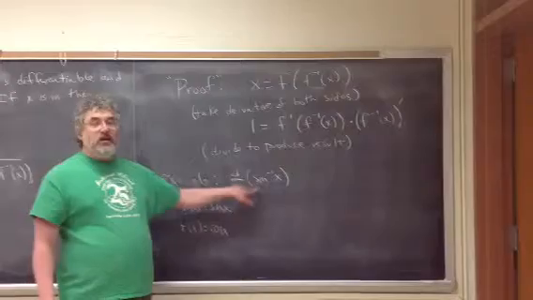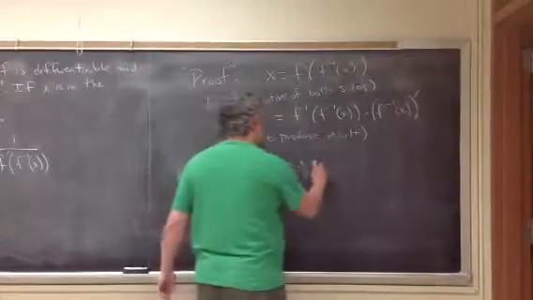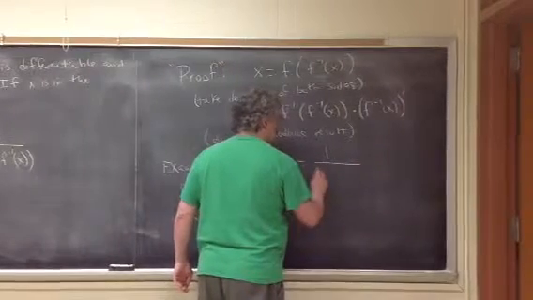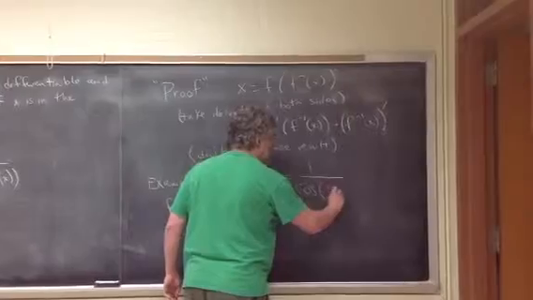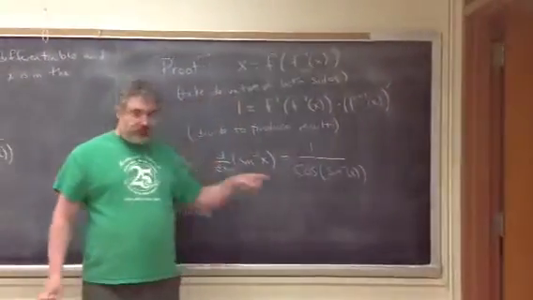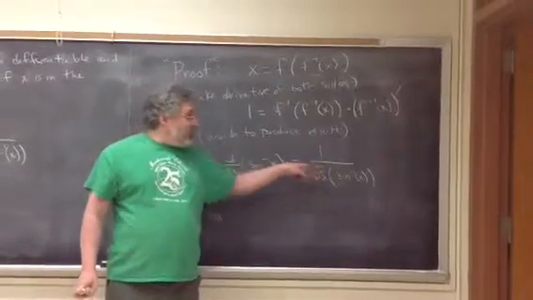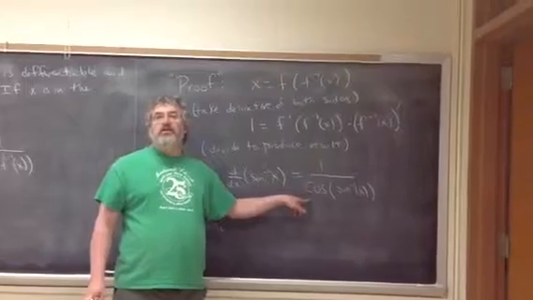So according to the inverse function theorem, the derivative of this will be 1 over the derivative of f at f inverse. Now, this is trigonometry, so we can figure it out, but that's the derivative. However, it's not at all simplified, so we should simplify that.